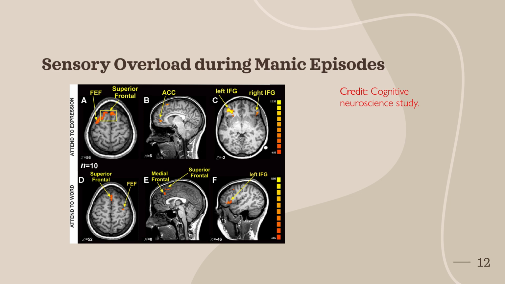In the bipolar brain, this filter or gate fails to function properly. During mood episodes, the thalamus either lets too much information in or not enough.